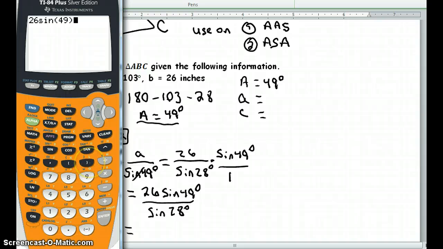I'm going to close parentheses, and what I like to do with this real quick is just hit enter here and then divide by, and don't forget to divide by, the sine of 28. Then you don't have to worry about a ton of parentheses and typing this in all in one statement, and you can get the answer without too many mistakes. And so when you divide by the sine of 28, then you get your final answer for A, which is 41.8 inches.